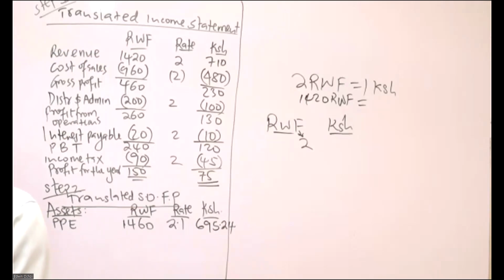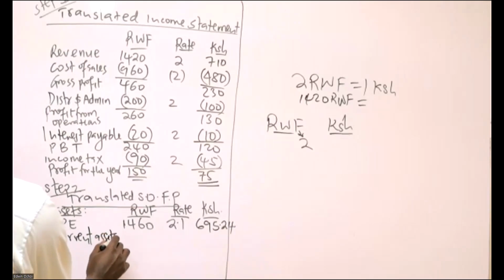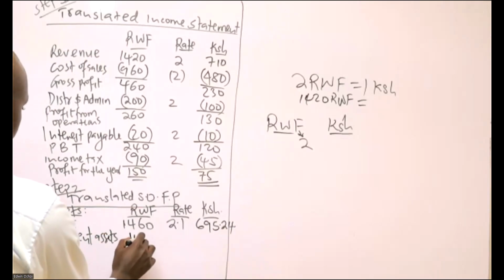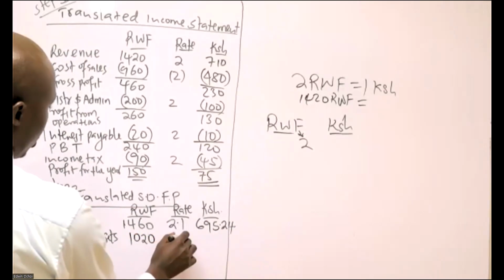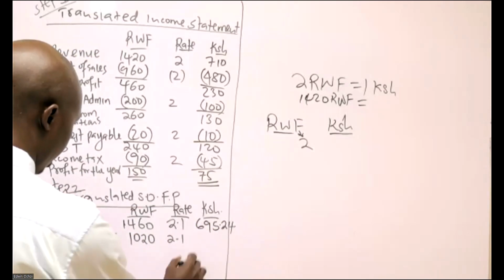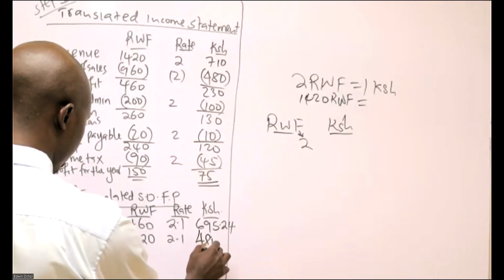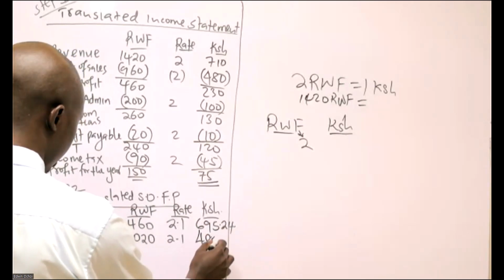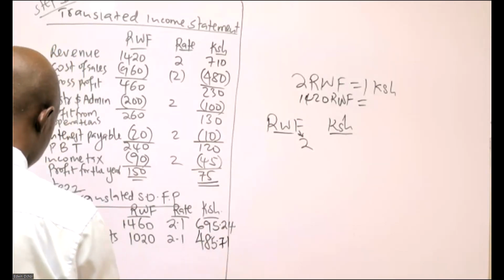Then investment in S is obvious in the parent. Loan to S is in the parent. We have current assets. Current assets is 1020. Divide by 2.1, we have 485.71.